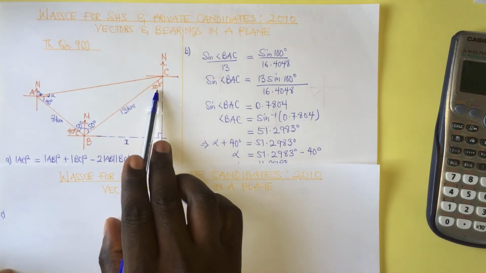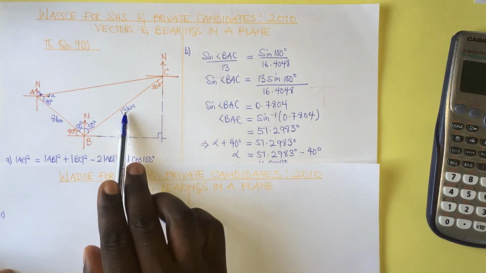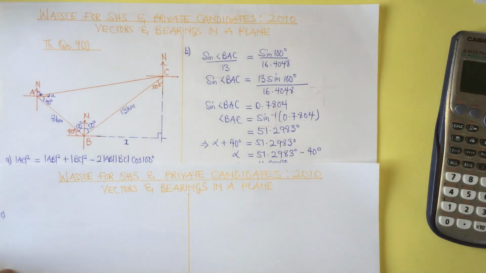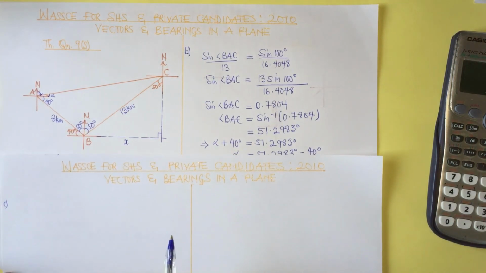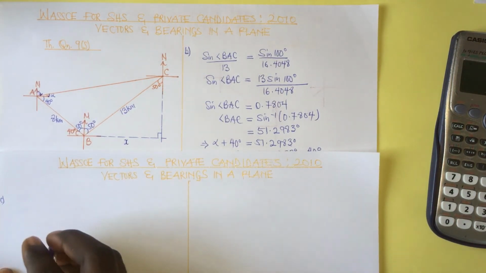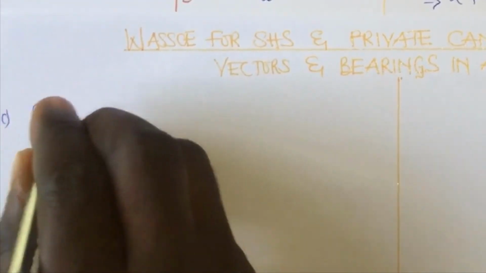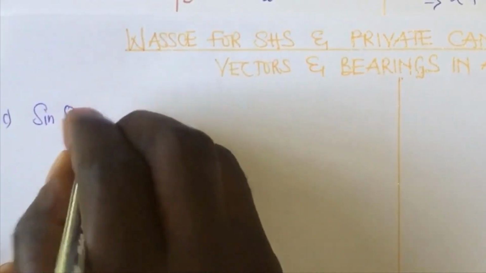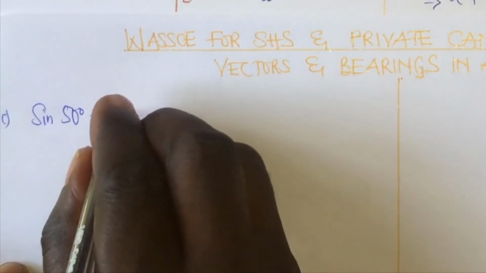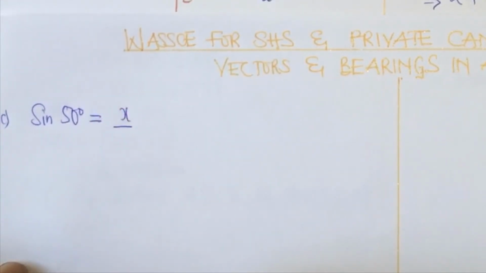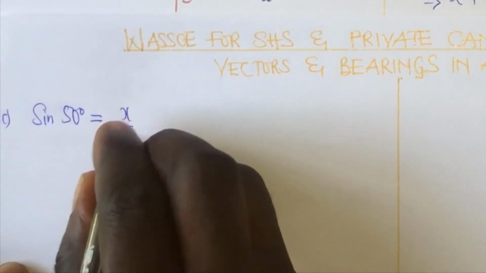We know our angle inside the right angle triangle is 50 degrees, and there is the hypotenuse, which is 13 kilometers. So with the help of sine, we can find our X, and we know that sine 50 degrees is equal to the opposite side, which is x divided by the hypotenuse, which is 13.